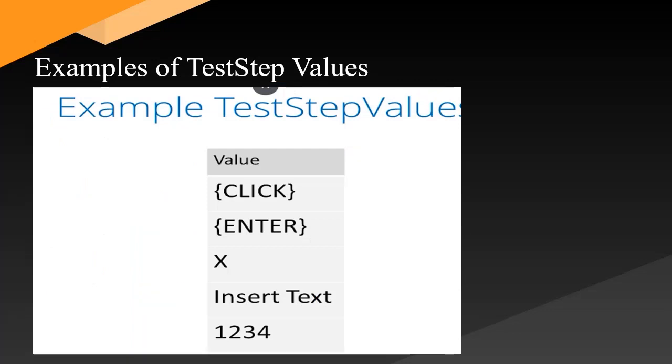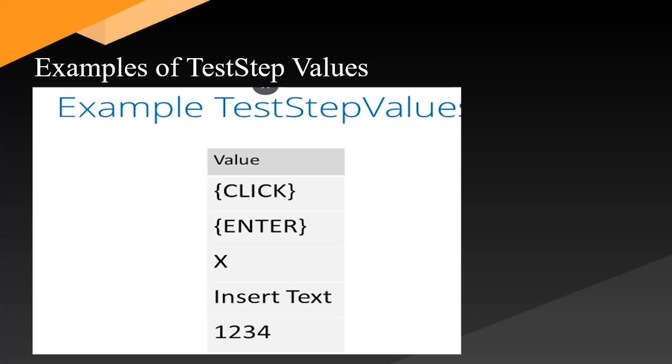Okay, so I have shown how to enter the test step values for any given button or link, and also for edit boxes. There are some other test step value examples here. If you enter CLICK in capital letters in curly braces, that means you would like to show an arrow, that means the cursor, when the automation tool Tosca runs an application.